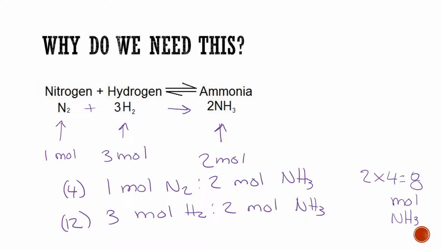So these equations give us ratios of reactants to products that we can use to figure out how much is needed to make a certain amount of product, or how much reactant is needed if we wanted to make a certain amount of product.